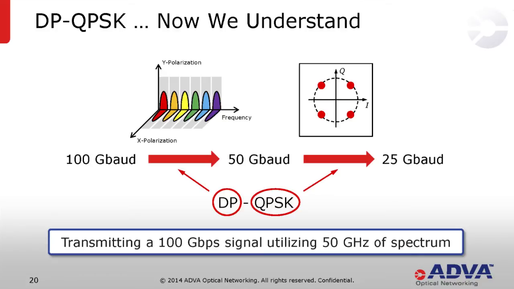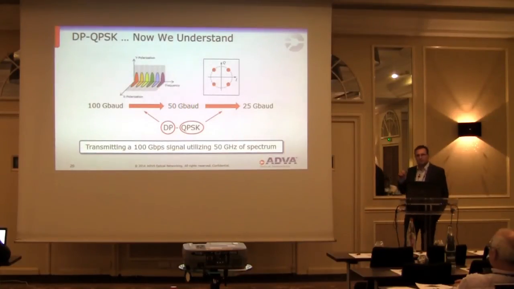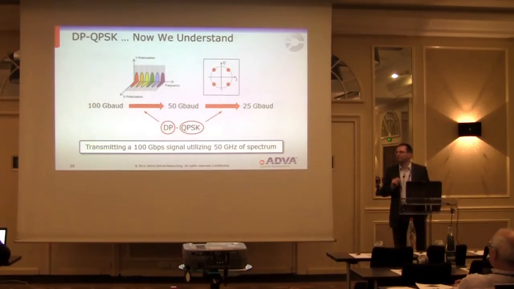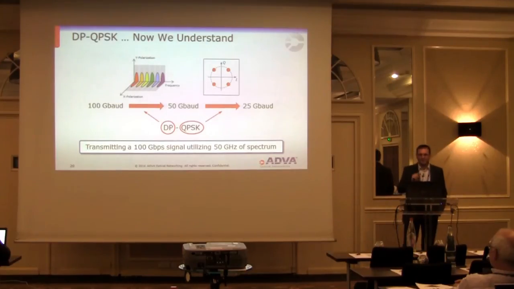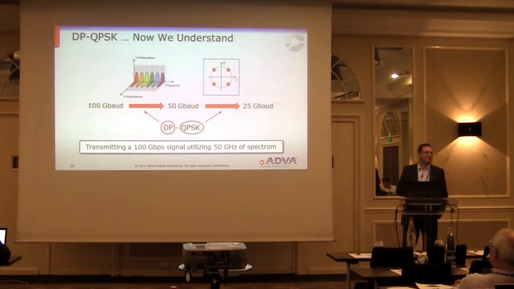If we use polarization multiplexing, we can halve it, because we have the vertical dimension and the horizontal dimension in which the light oscillates. If we use QPSK on top, we can reduce it again by a factor of 2, because we can transmit 2 bits in 1 symbol. Fantastic. We end up with 25 gigabaud, which fits excellently in a 50 gigahertz grid.